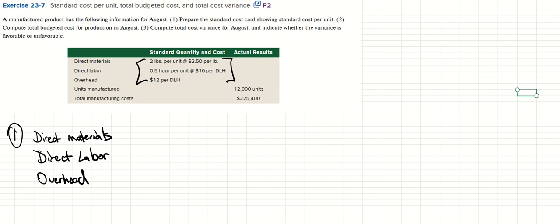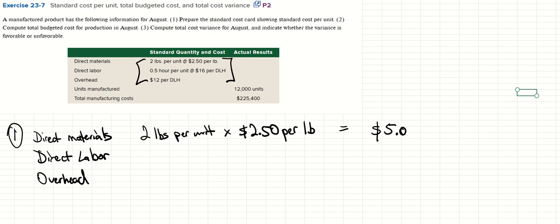For direct materials, we have 2 pounds per unit, and this is going to be multiplied by $2.50 per pound, and that's going to give us $5. And $5, this column here is going to be our standard cost per unit. And this one's going to be for direct materials.